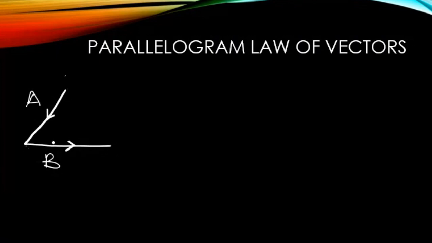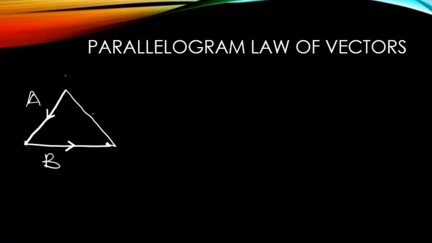So when two vectors acting at a point are represented by both magnitude and direction such that they are in the same order, the resultant vector is the third side that completes it. The third side of the triangle completes it, such that the three vectors are in equilibrium, and the resultant vector is also represented by both magnitude and direction.